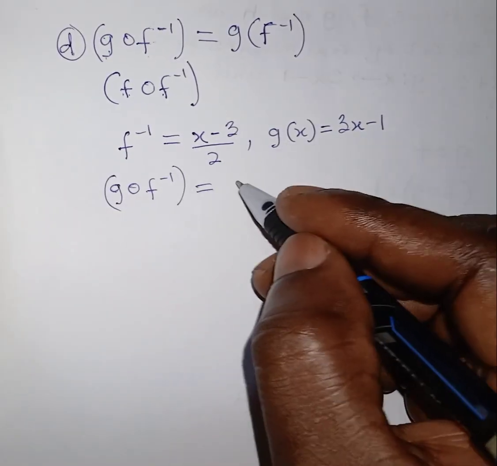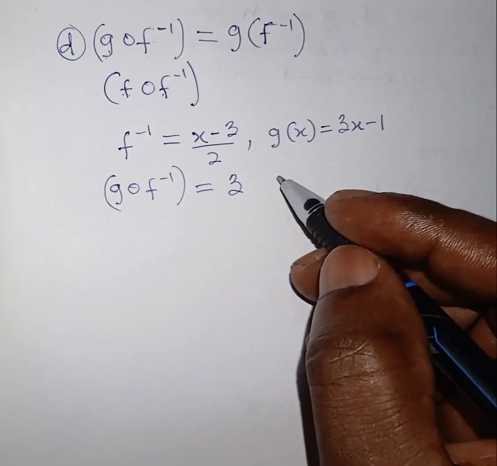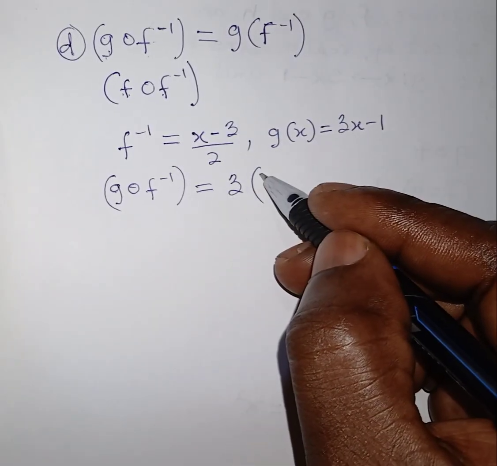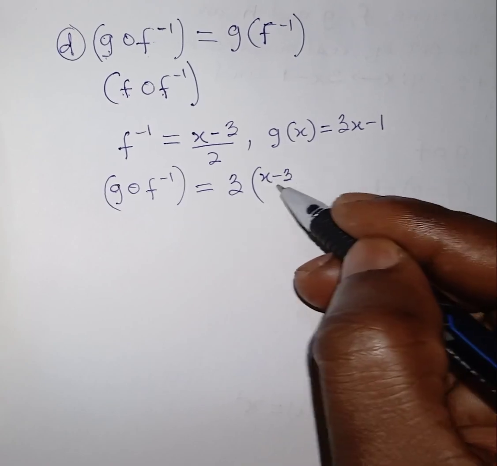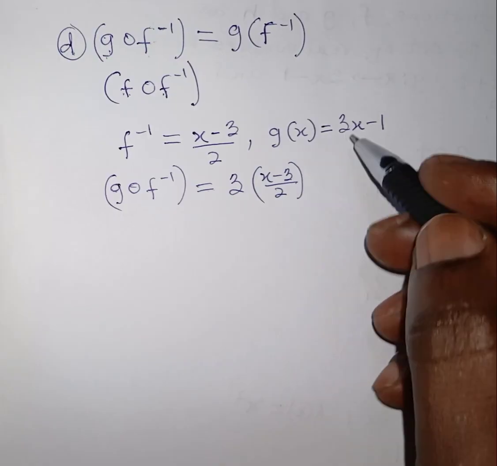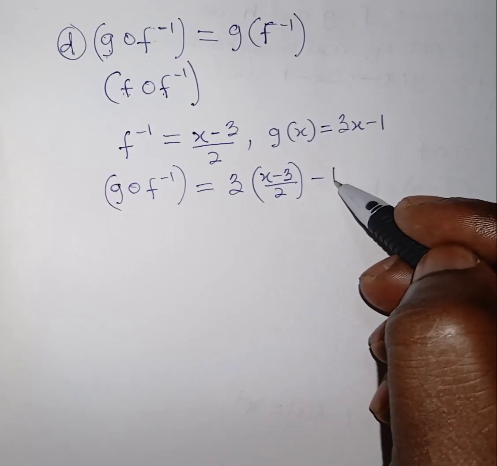If that's the case, then I will keep my 3 here, open bracket, and put everything here, where it is x minus 3 all divided by 2, minus 1.